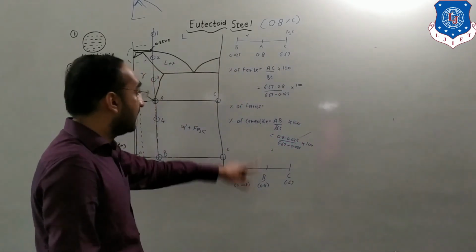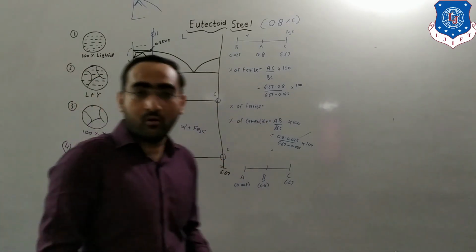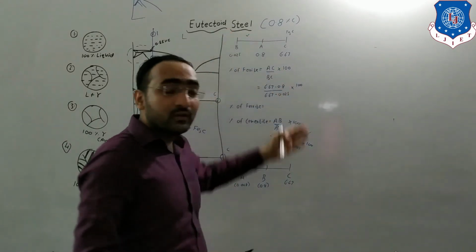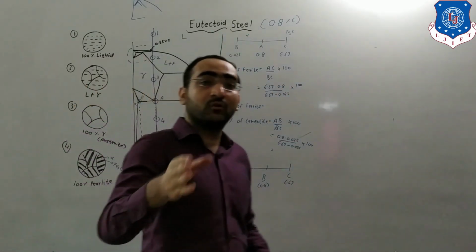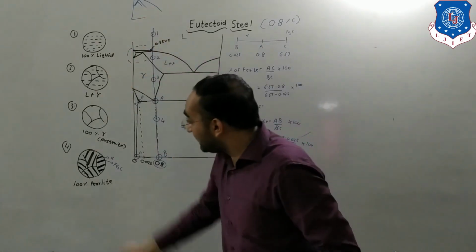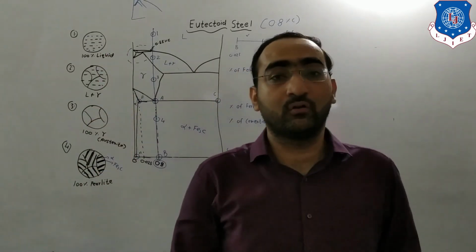The same way we can find ferrite and cementite at room temperature also. And this is how we can find the percentage of cementite and ferrite in eutectoid steel, and which solid structures occur while solidifying. These are the different things of the eutectoid steel.